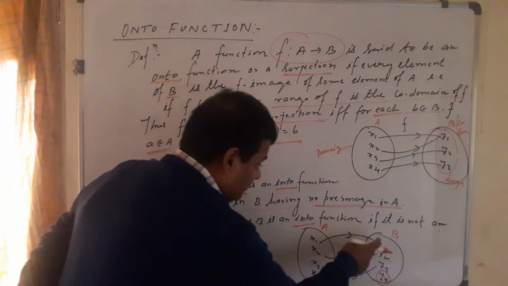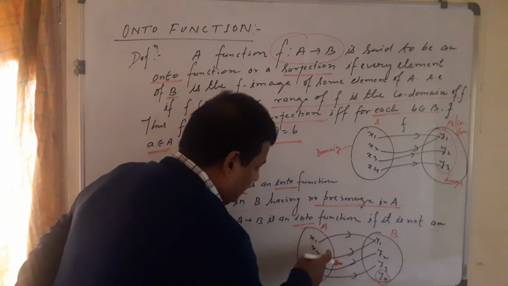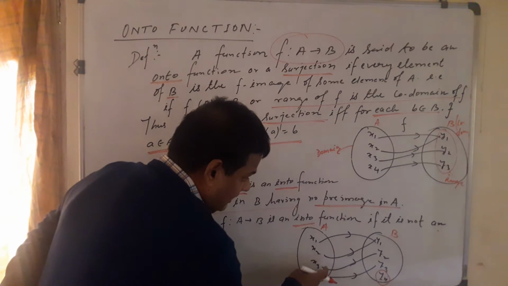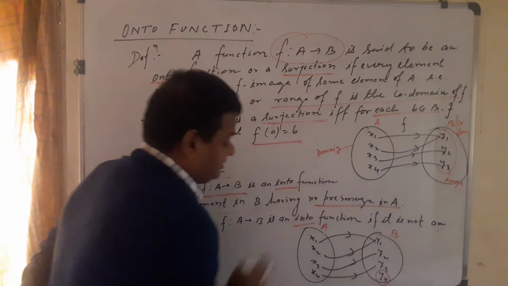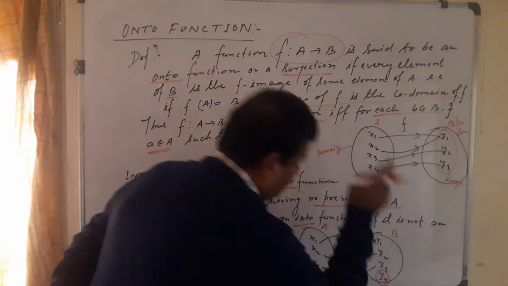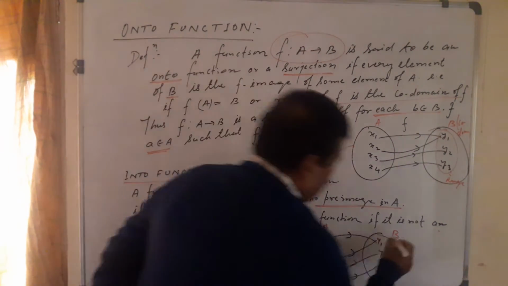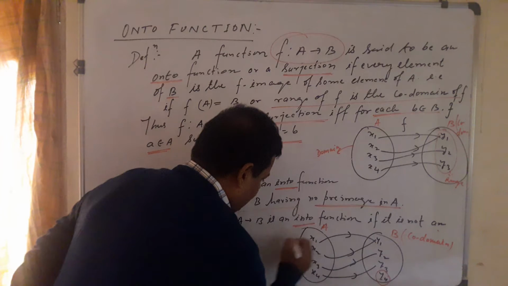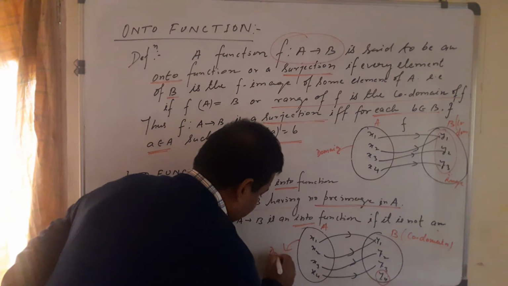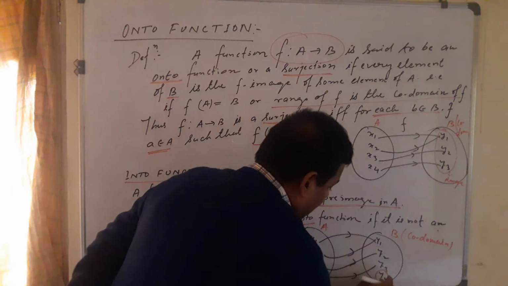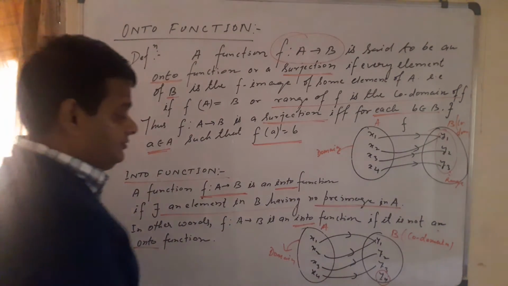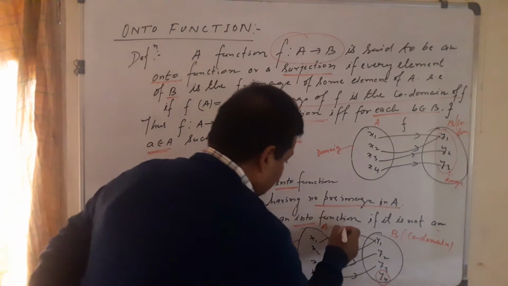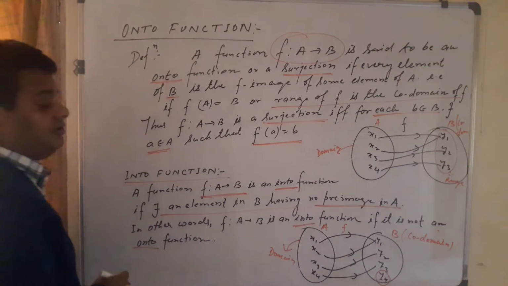So x1's image is y1, x2's image is y1, x3's image is y2, and x4's image is y3, and one element is left in set B, that is in the codomain. This is your domain. So in the codomain, one element is left. That's why this one is called an into function.